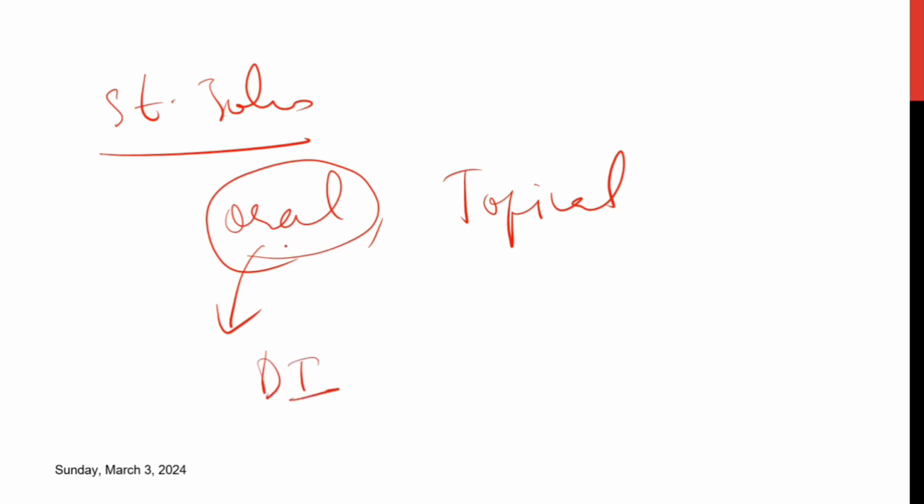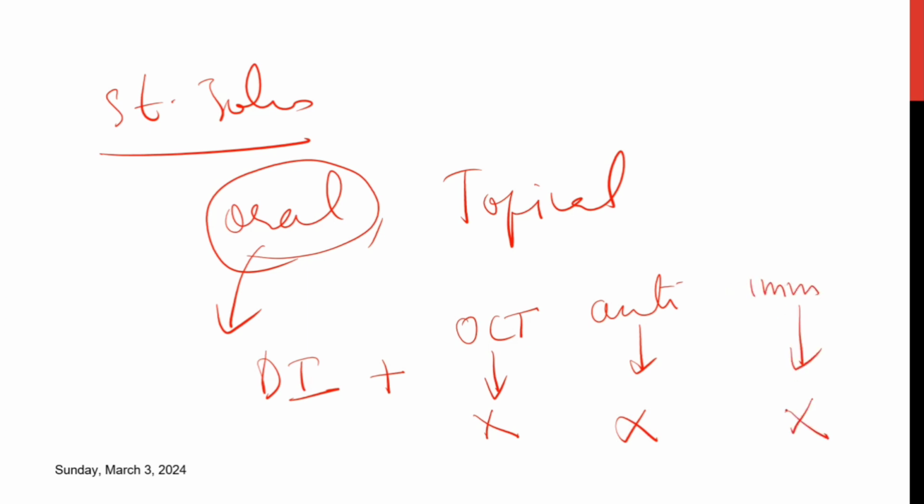So when a patient is taking St. John's wort orally, along with those drugs, always remember oral contraceptive pills may fail the therapy. Oral contraceptive activity may fail, or when a patient is taking antibiotics, the activity may fail, or when a patient is taking immunosuppressants in organ transplantation, in that case also it may fail the therapy.